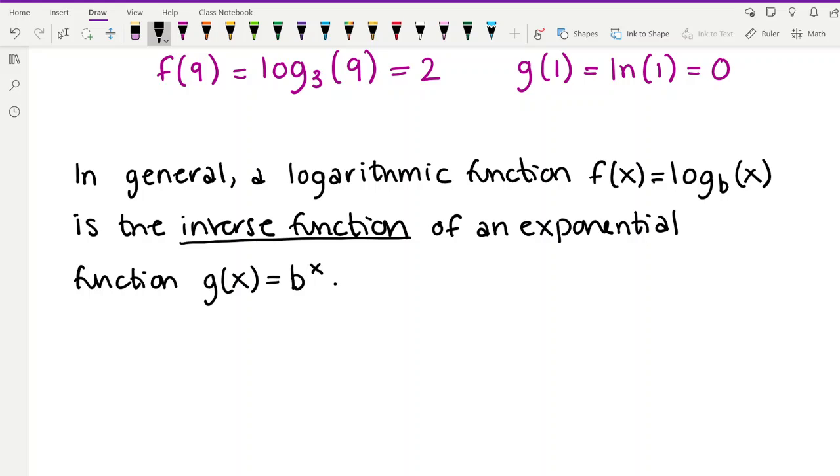This fact is really important to know because it will help you to sketch the graphs of logarithmic functions. At least for me, it's much easier to remember the shapes of exponential functions, because you can think about how they grow or go down as x gets bigger.